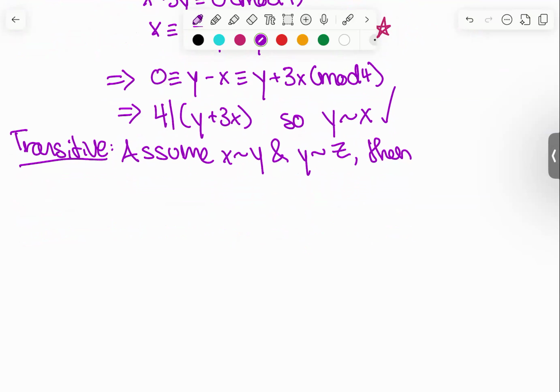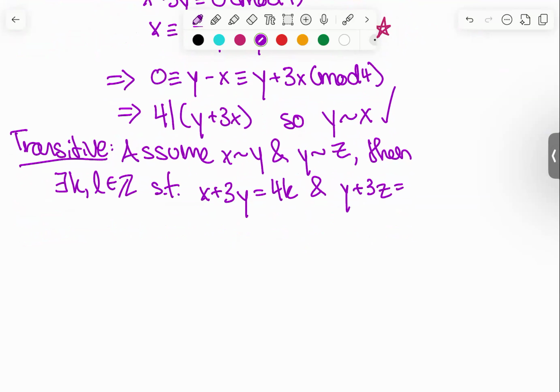You can say there exists some k and l in the integers such that x plus 3y equals 4k and y plus 3z equals 4 times l. I add those two equations together and I get x plus 4y plus 3z equals 4 times k plus l.